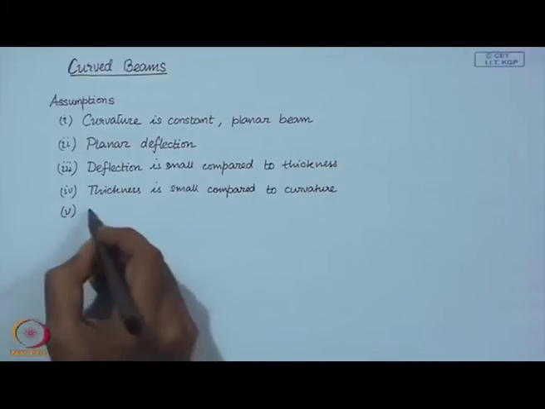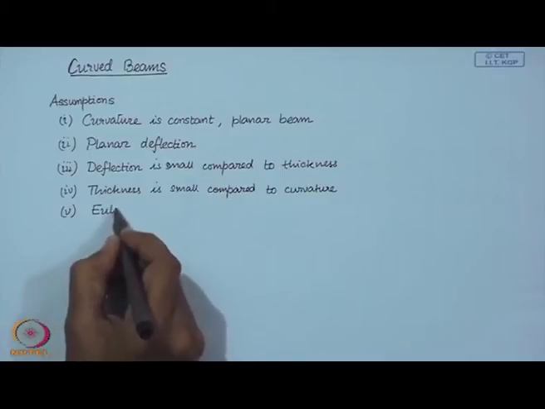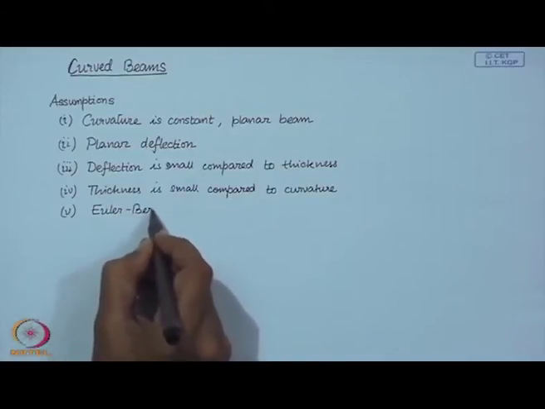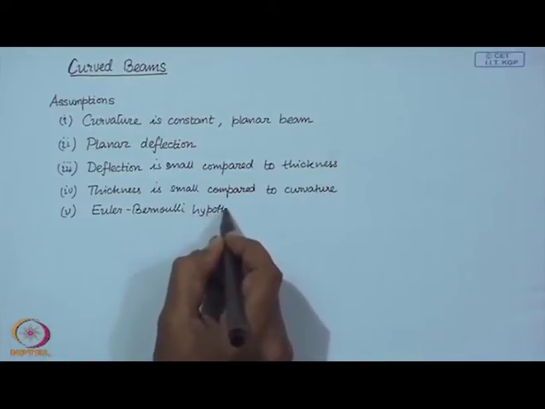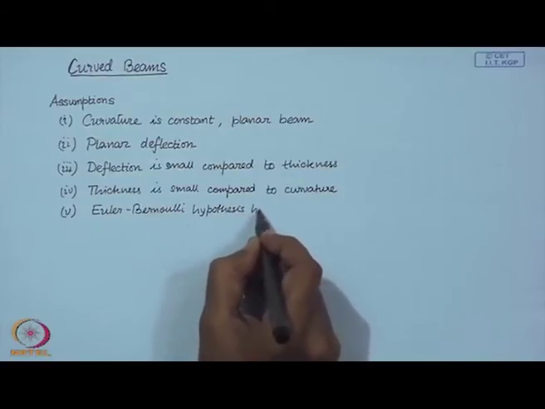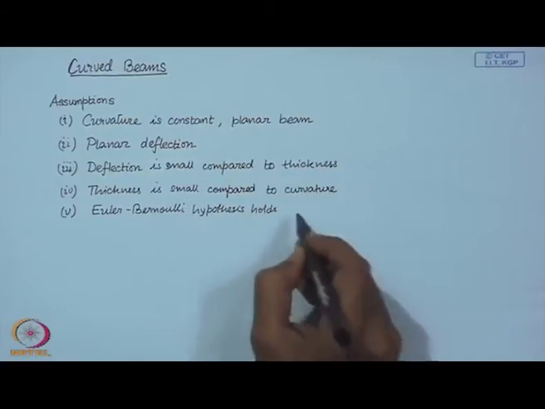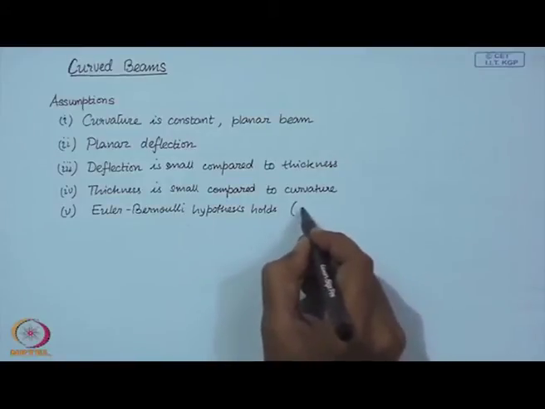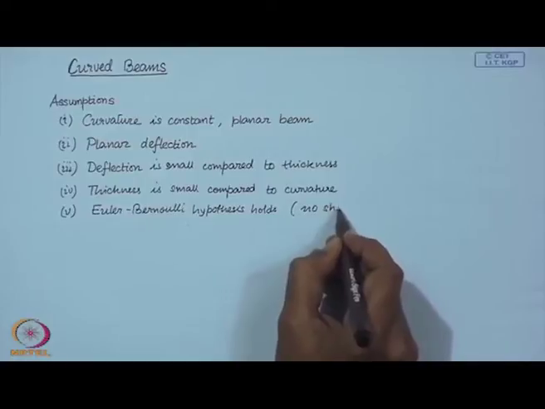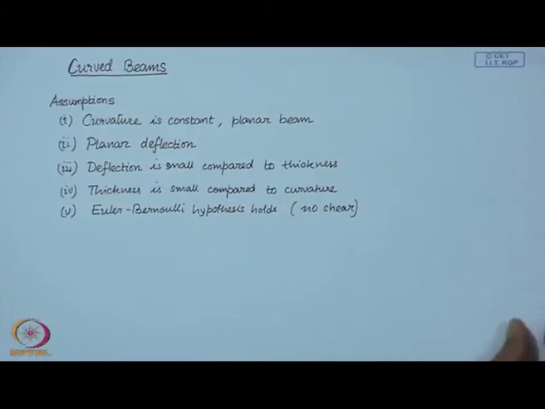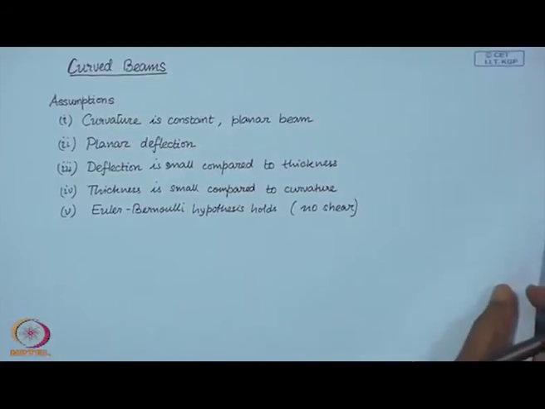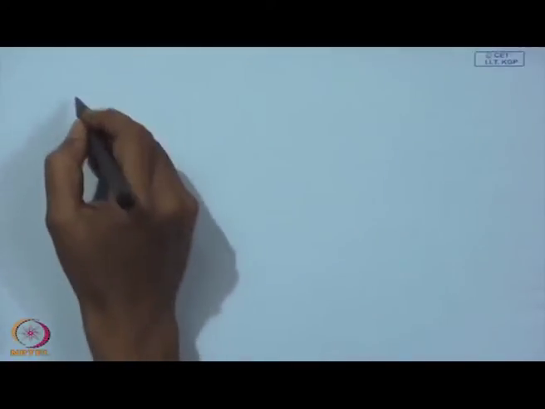Finally, we assume that the Euler-Bernoulli hypothesis holds, and along with that, we say that there is no shear. So, under these assumptions, we are going to model a curved beam. We are going to restrict ourselves to the case of a beam with constant thickness.